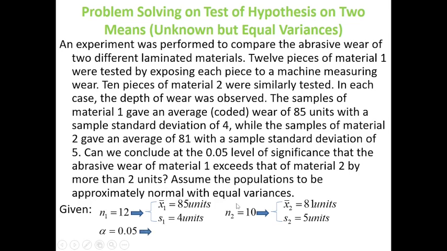Can we conclude at the 0.05 level of significance that the abrasive wear of material 1, meaning the population of the abrasive wear of material 1, exceeds that of material 2 by more than 2 units?